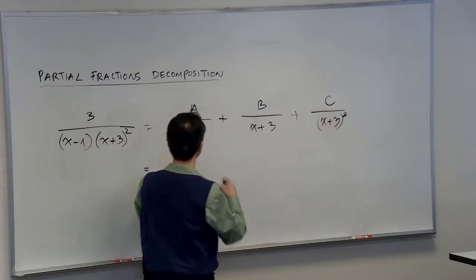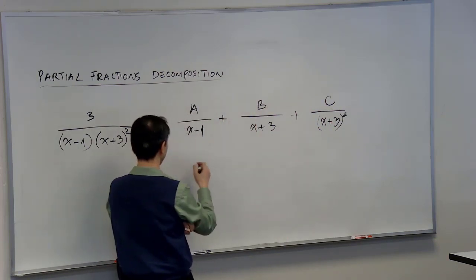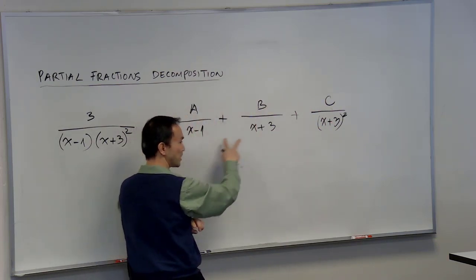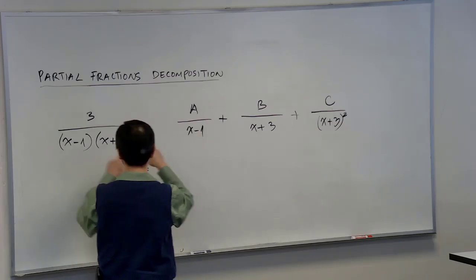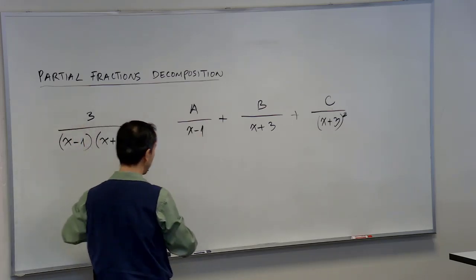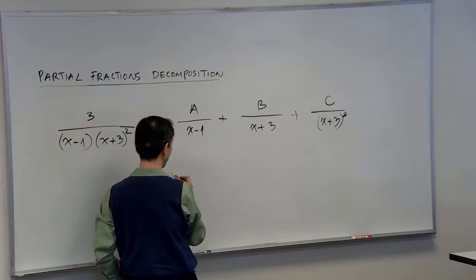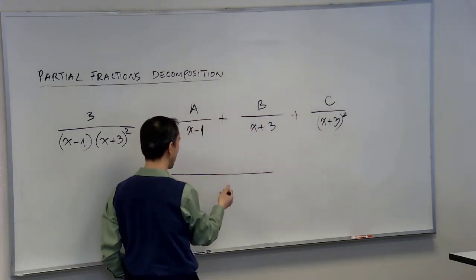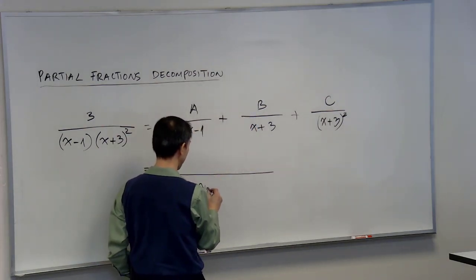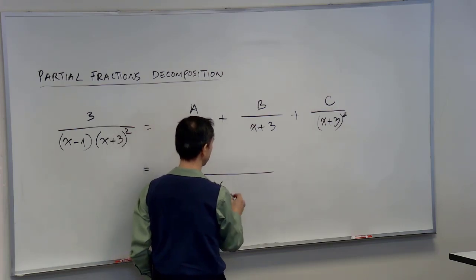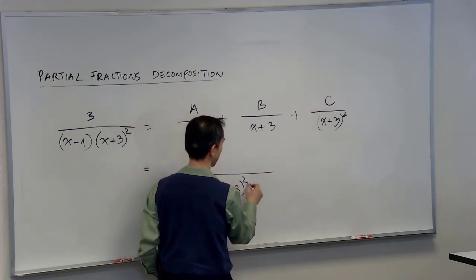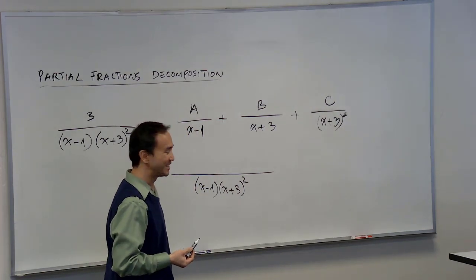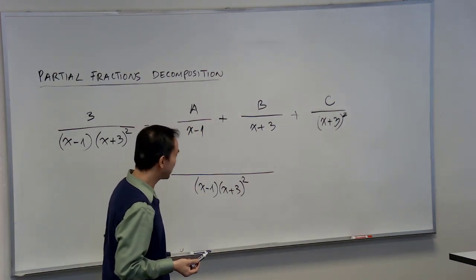But then we need to find out A, B, and C. Think about if we really were adding these and trying to make our way back into this beginning fraction. We've got to first make a common denominator. The common denominator will certainly be x minus 1 times x plus 3 all squared. You guys following?